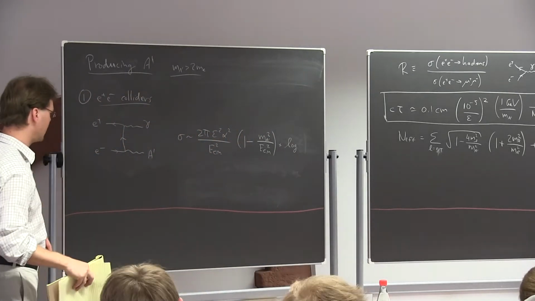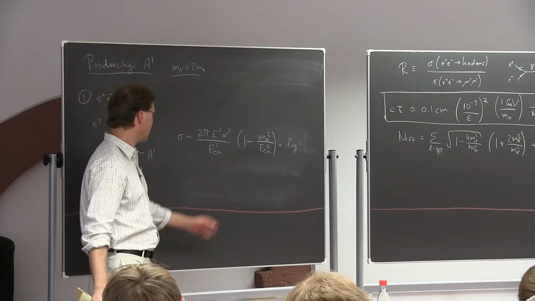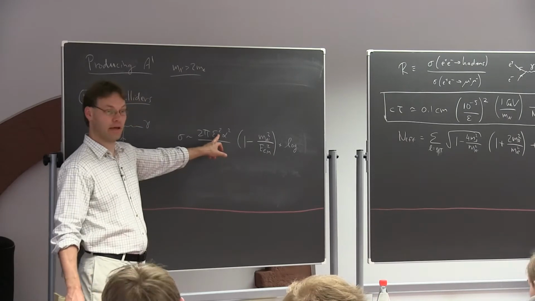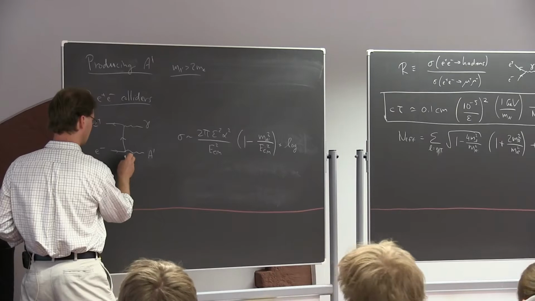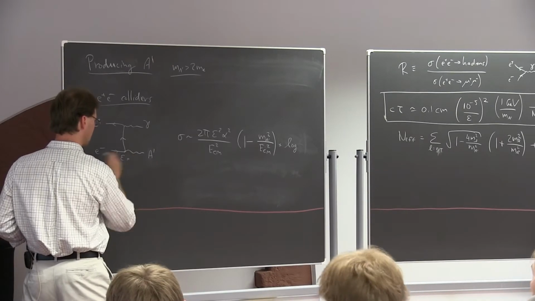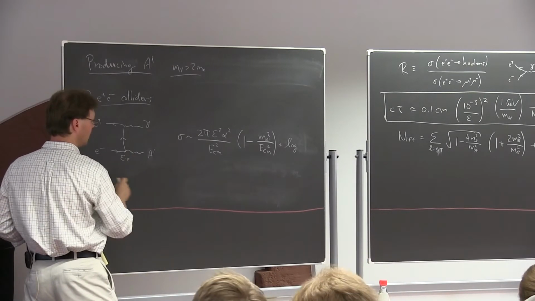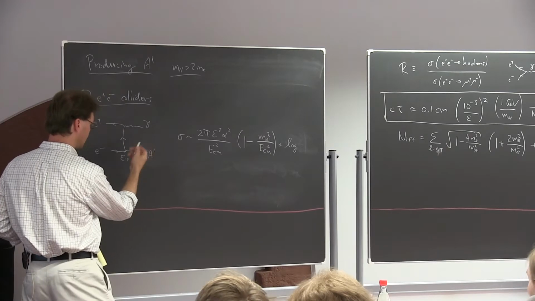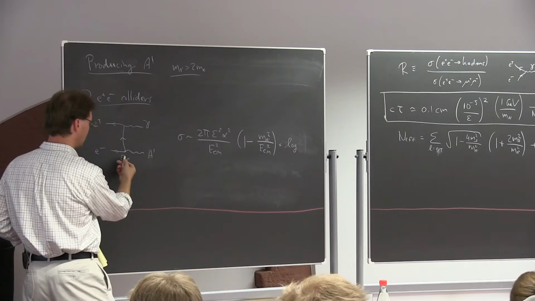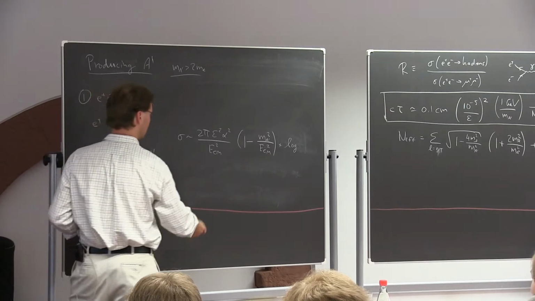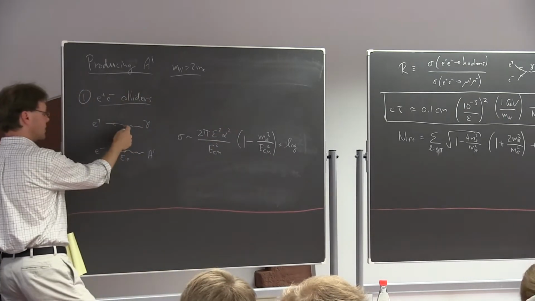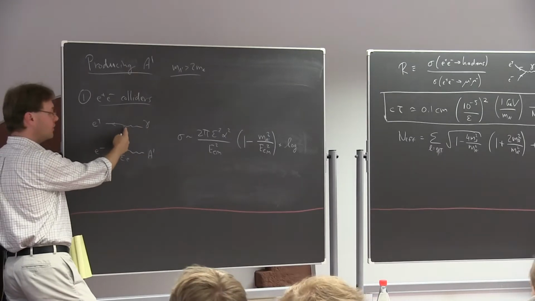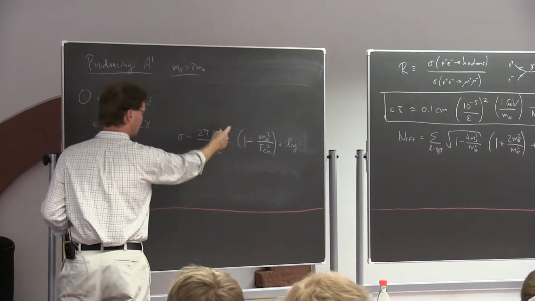Let me say a word about that in a second. First of all, it goes as epsilon squared. That's not surprising, because the coupling here is epsilon times the electric charge times e. So in the amplitude I have this, and in the cross-section I square that, so I've got an epsilon squared times an alpha, basically. The pi's have to take care of themselves. And there's another photon here where I get the other alpha from, so there's going to be an alpha squared there.